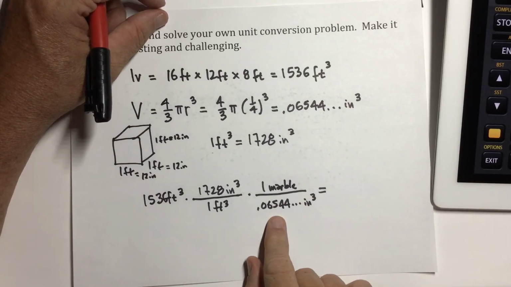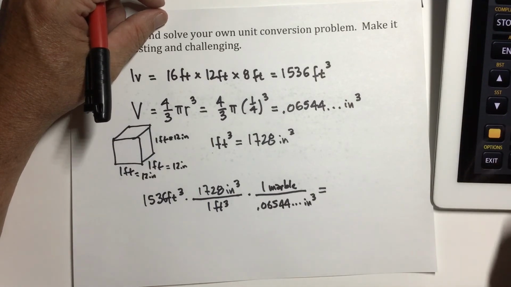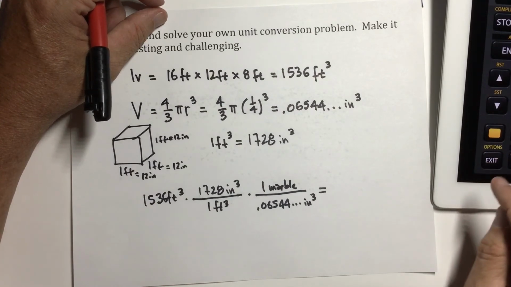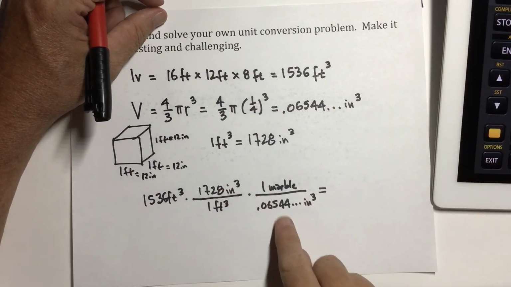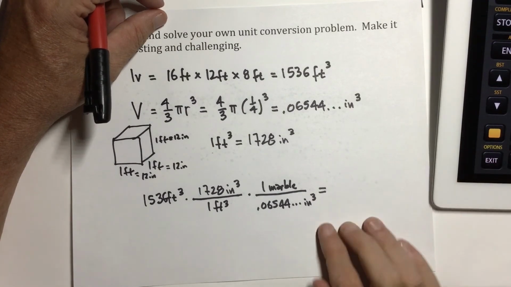Okay, I already have that number saved in my calculator. So let's do 1,536, 1,728, divide, and then take that result and divide it by that.